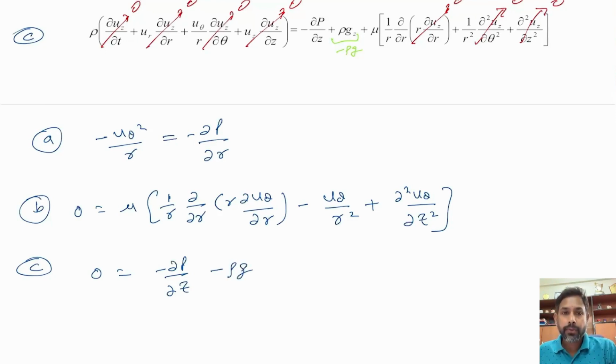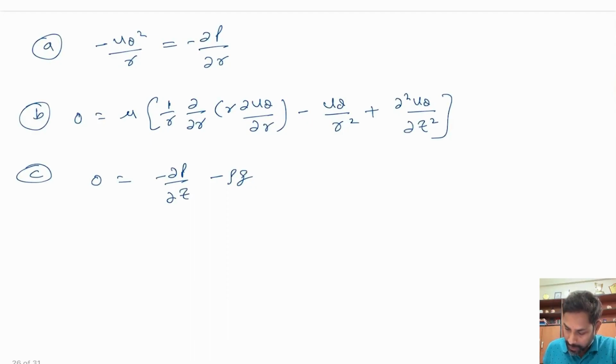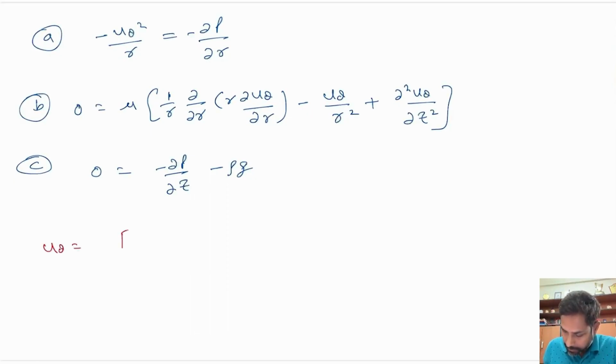Okay, so these are the equations we are left with, and now we can make further simplification. We can assume that u theta is equal to gamma over 2 pi r, where gamma is a constant.